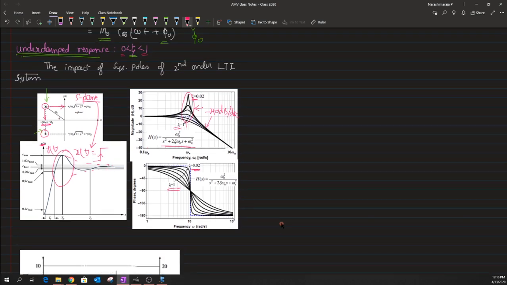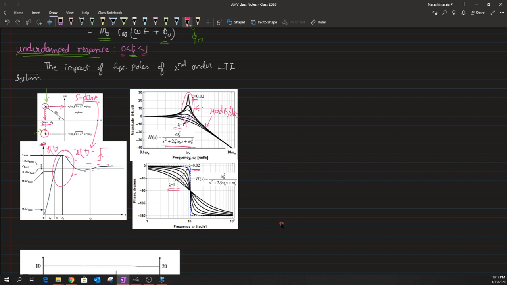Yeah. And there are also a few terms that I need to bring out of this frequency response. As we know, the bandwidth of the system is defined as omega 3 dB, and it is the frequency at which the DC magnitude reduces by a factor of minus 3 dB. And when we look carefully here, we have one more frequency term that appears in this frequency response when I have an underdamped response.